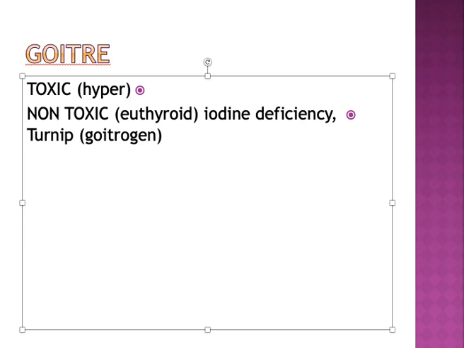So how do we treat it? If there is iodine deficiency, guys, give them iodine. If they are using any goitrogen like turnip, stop that. If they are using any drug, like the example of lithium, stop that.